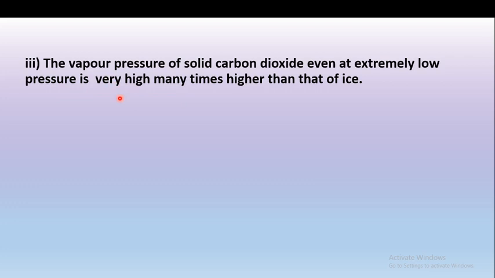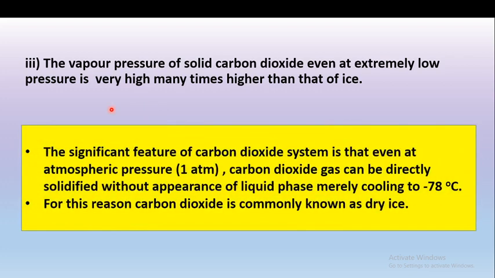It is very high at low pressure and is many times higher than that of ice. So if we consider the example of the water system, the vapor pressure of solid carbon dioxide is many times higher than that of ice. So these are the three aspects of the carbon dioxide system.